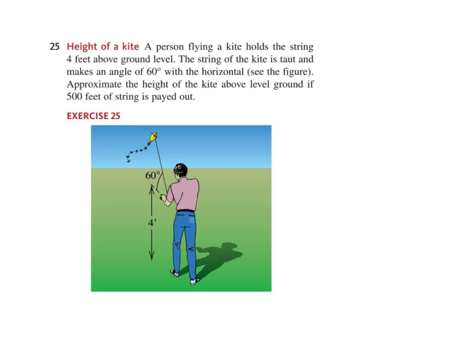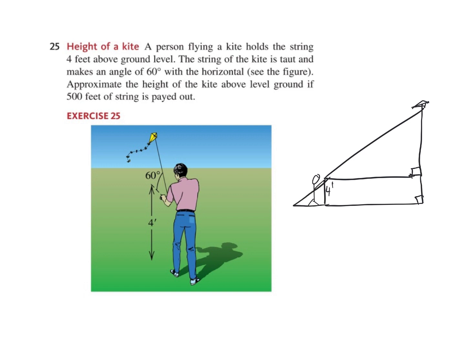A person flying a kite holds the string 4 feet above the ground. All right, so here's your person. This is 4 feet. There's the kite. Okay, so this is 4 feet here.